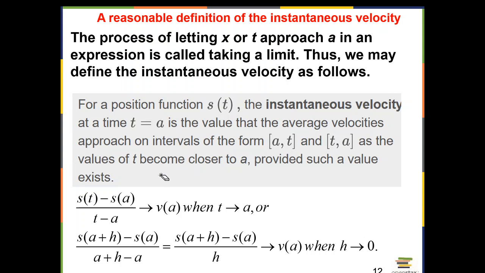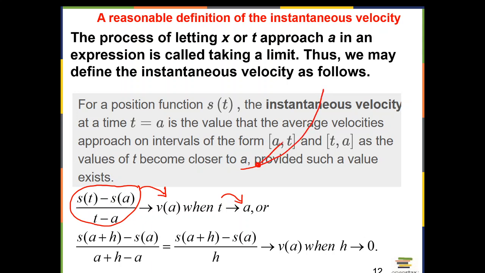We think of it this way: the slope of the secant line approaches v of a, which is the instantaneous rate at a, when t approaches a. That's the idea I showed you in the animation.